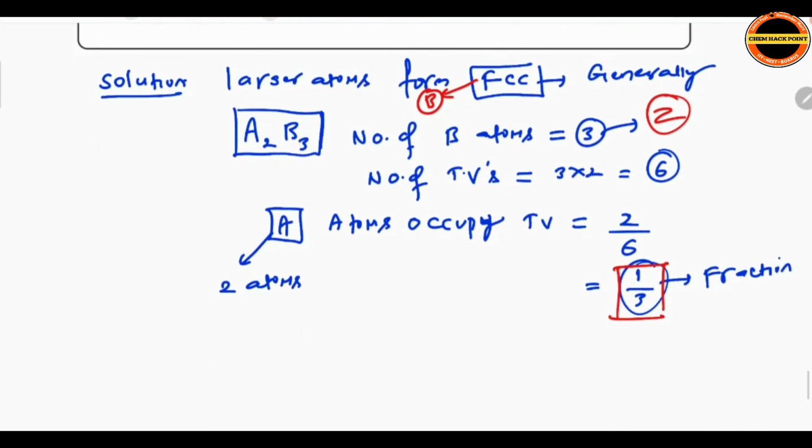So what did we identify first? The number of atoms of B, by which we found the number of TVs, because 2 into Z is the number of tetrahedral voids. The larger atom B, because the anion occupies the lattice. Atoms of A are 2 atoms occupying tetrahedral voids, that is 2 atoms by 6 tetrahedral voids, 1 by 3 occupied by atoms of A.